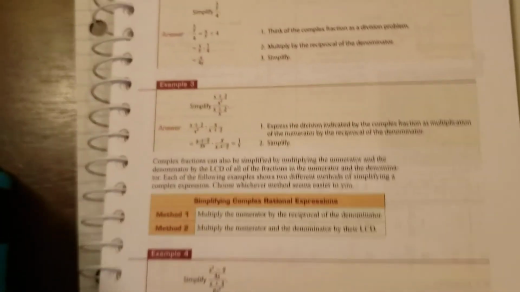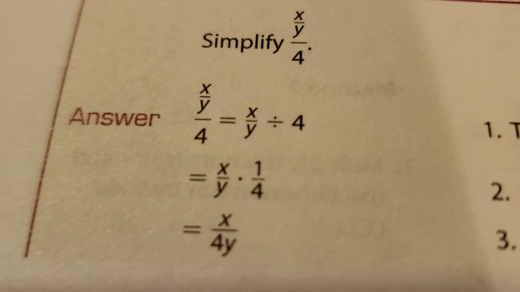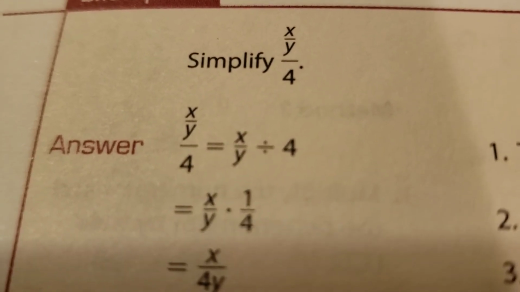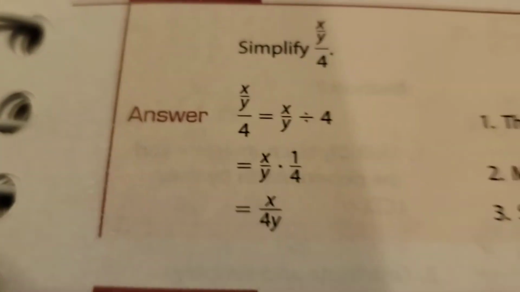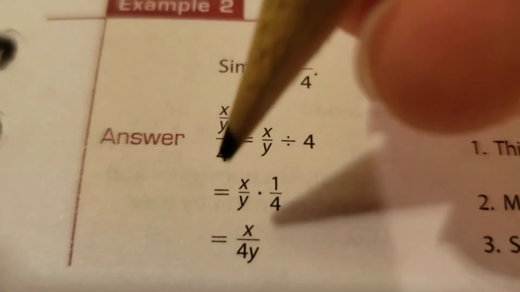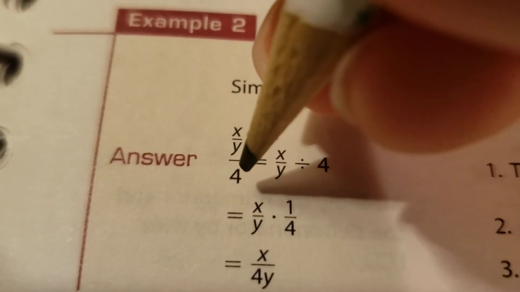Well, what the book shows is a pretty clear delineation as to which one it wants you to make the major division sign. You see how this one here is smaller than this one here?